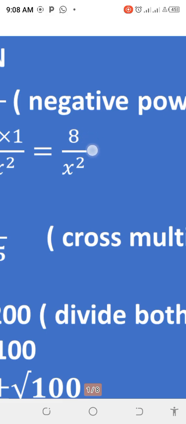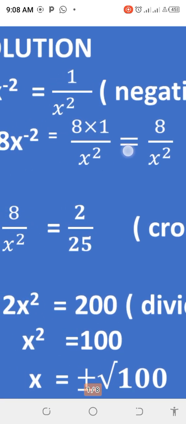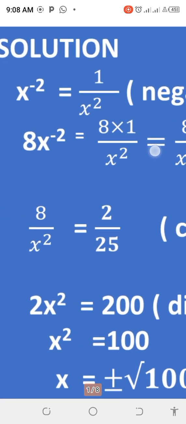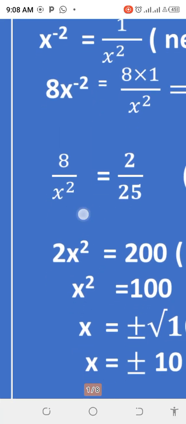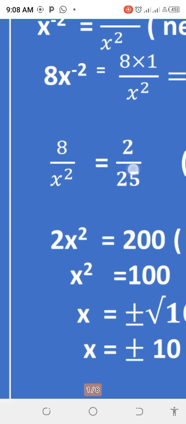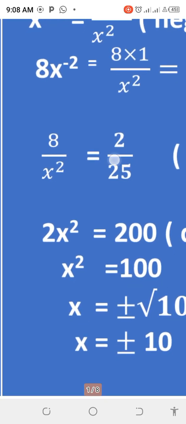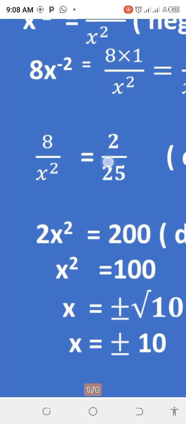So having got 8 over x squared, we equate it to 2 over 25. That is to say, 8 over x raised to power 2 is equal to 2 over 25.